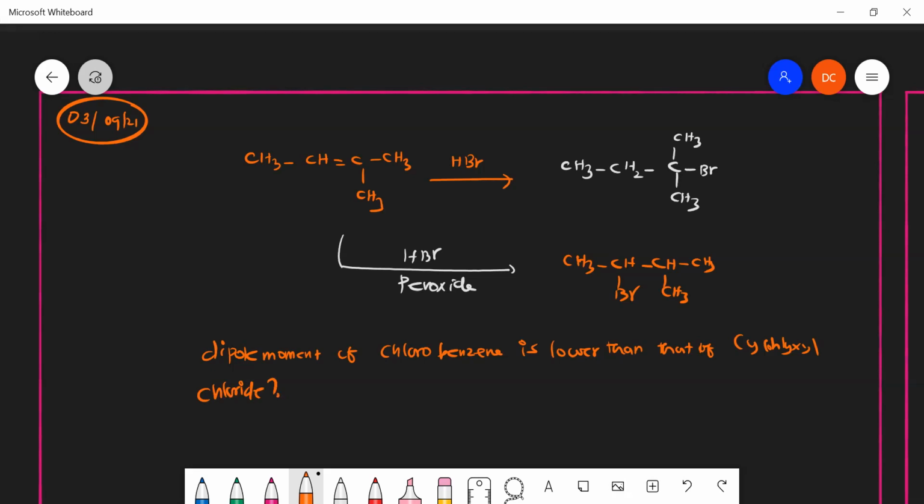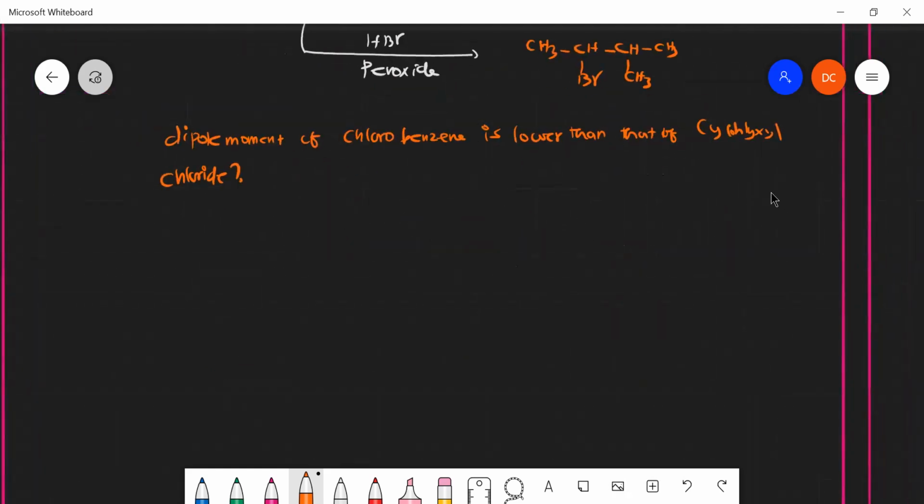Yeah, explain. How will you explain this? We know the structure of chlorobenzene, and we have to write both the structures, chlorobenzene as well as cyclohexyl chloride. This is chlorobenzene, and this is the structure of cyclohexyl chloride.